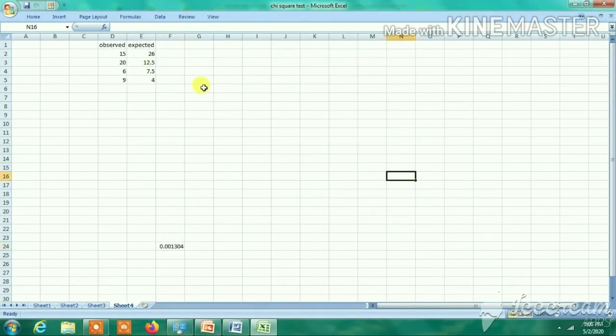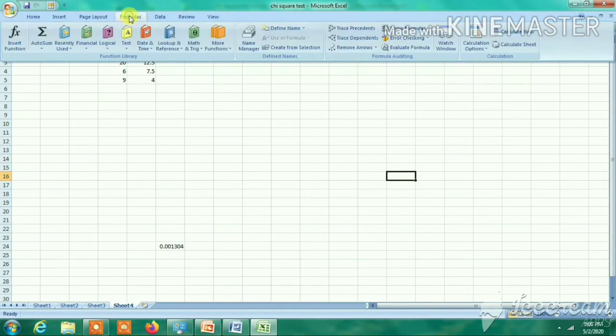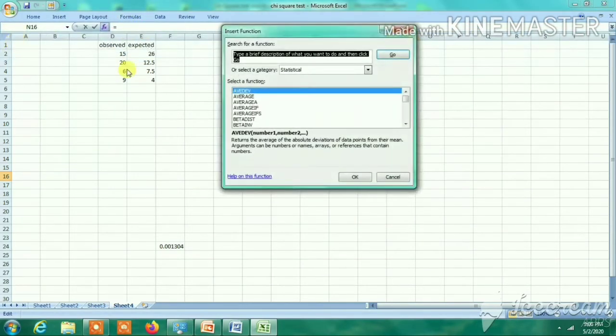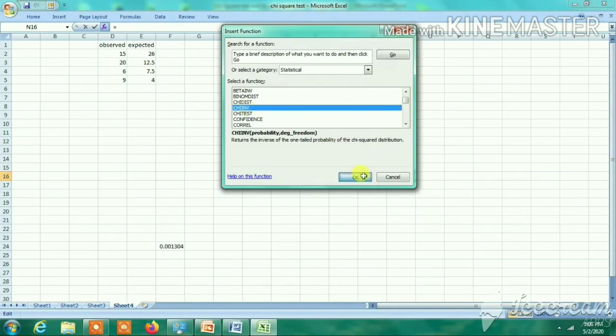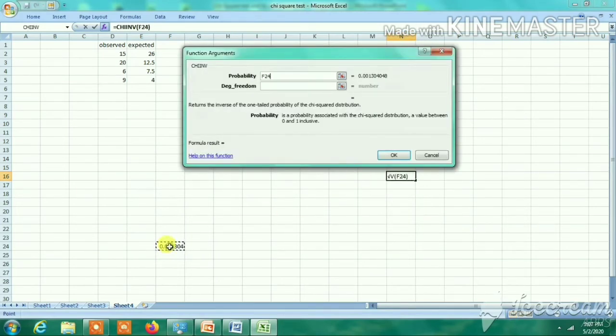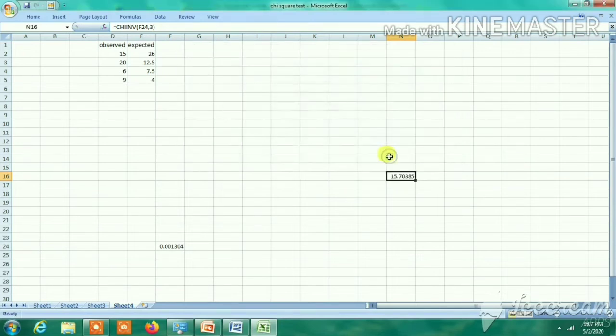Now again we have to click formula, this one chi-square interval, this value, and number of degrees of freedom 1 2 3 4. Now it is 3. So this value is 15.70.